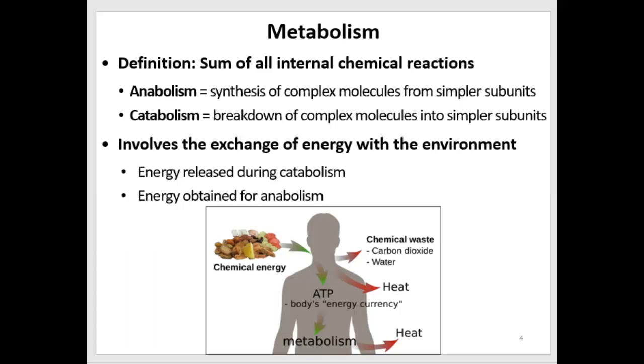So to do this, our body exchanges energy with the environment. So when our body breaks something down, catabolizes a nutrient, for example, something that you might eat, the chemical reaction releases energy, and that energy is partly given off as heat and also captured to produce a compound called ATP.